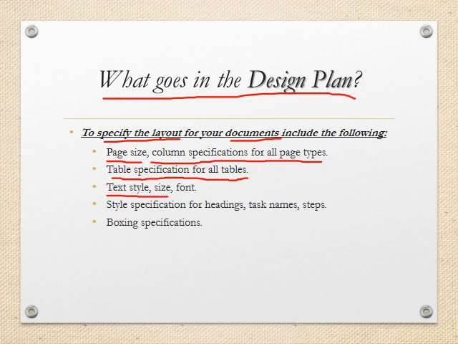Text style, size, and font, bold, italic, regular, or whatever. We call these the queuing patterns. Also, the style specification for headings, task names, and the steps also need to be clear. The boxing specification. All these elements are what make up the content specification or the design for our document, as we know.